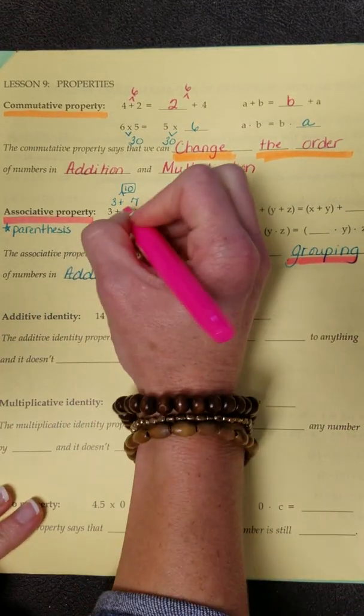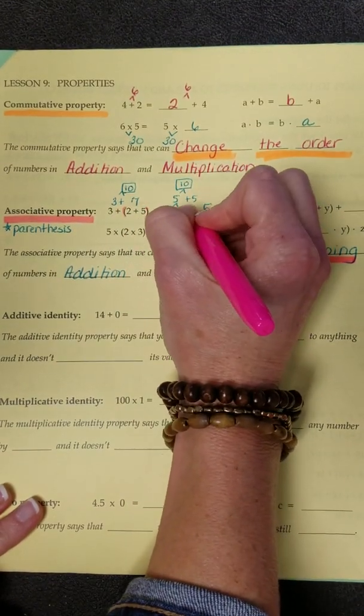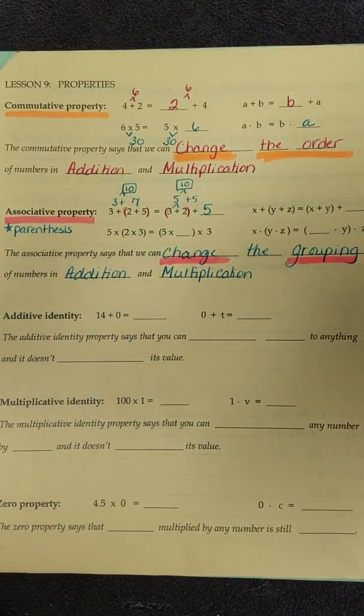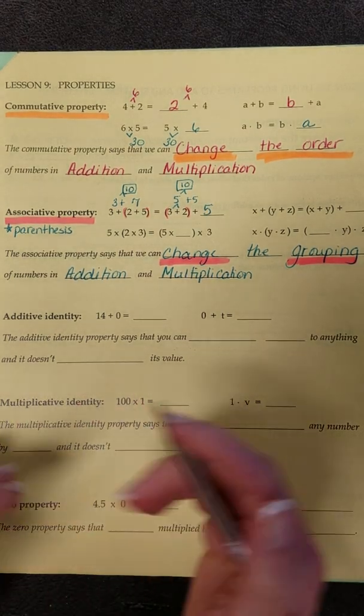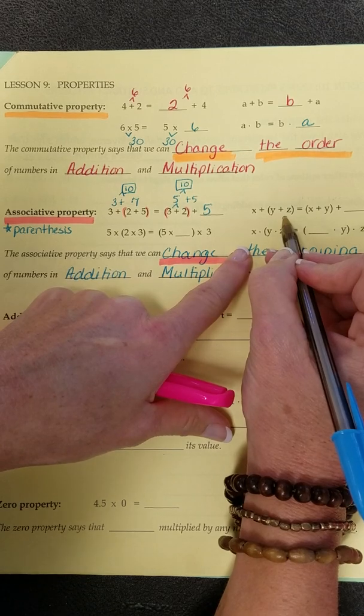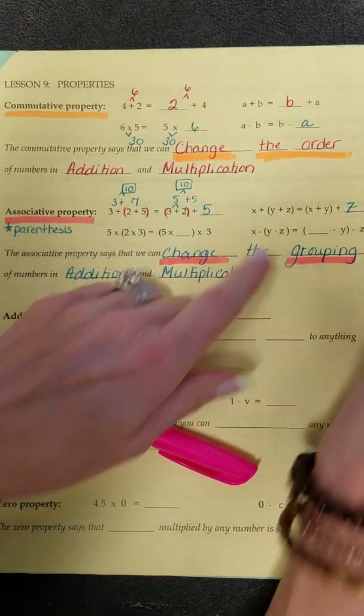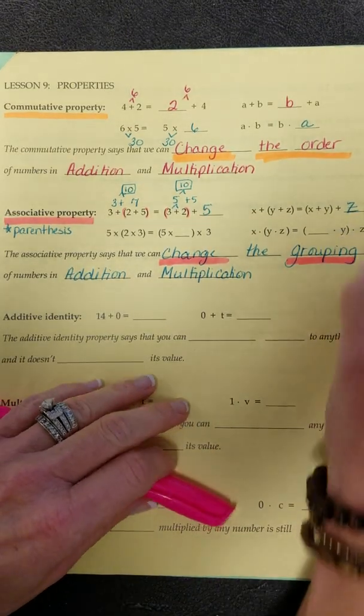And I'm going to highlight these because the associative property has to have parentheses to show that you're doing different groupings. So x plus the quantity y plus z is the same thing as the quantity x plus y plus z. So there are our addition examples.